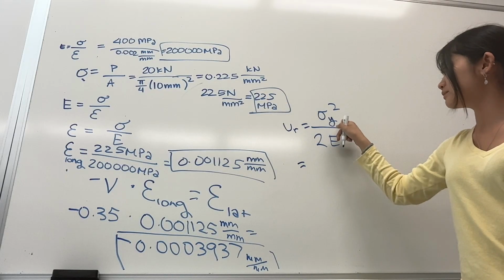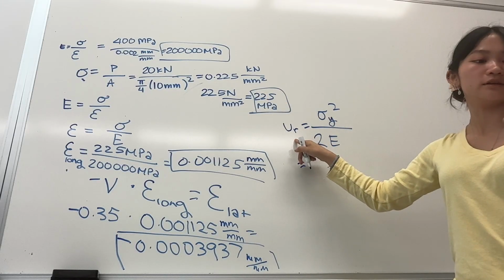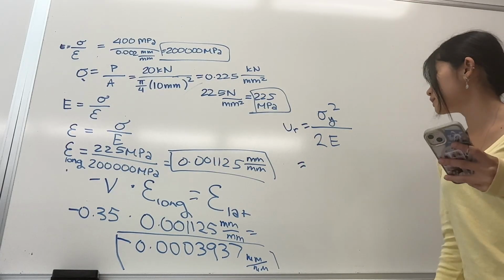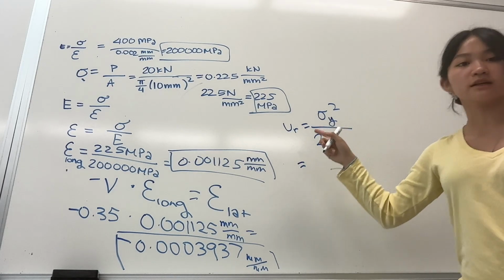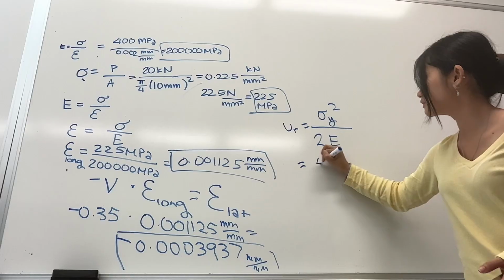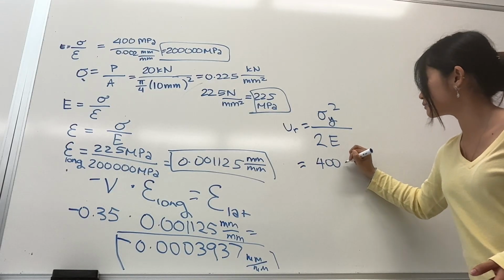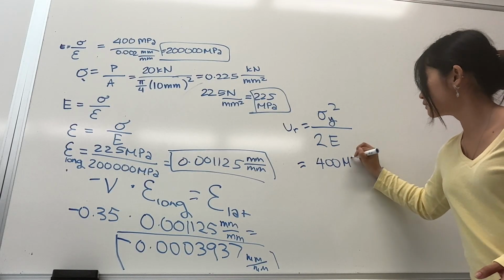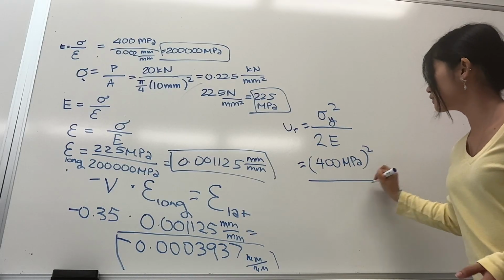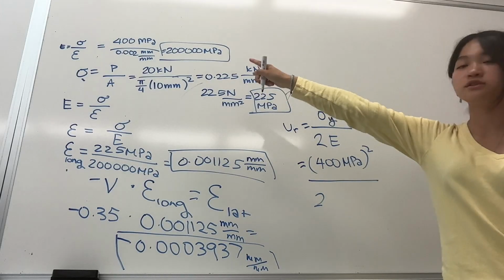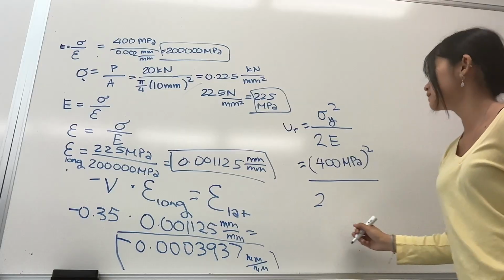So we plug this in to solve for our modulus of resistance: 400 megapascals squared, all over 2 times 200,000 megapascals.